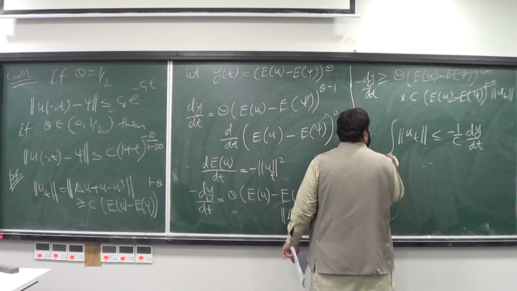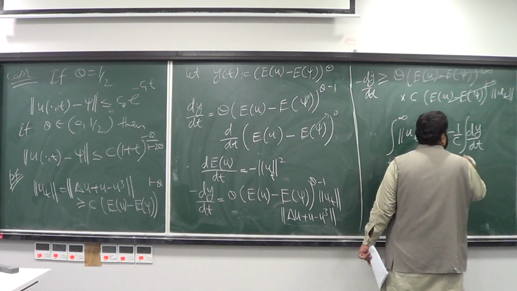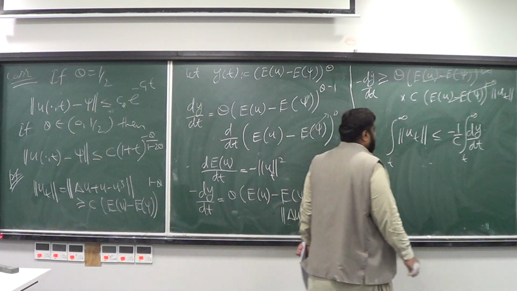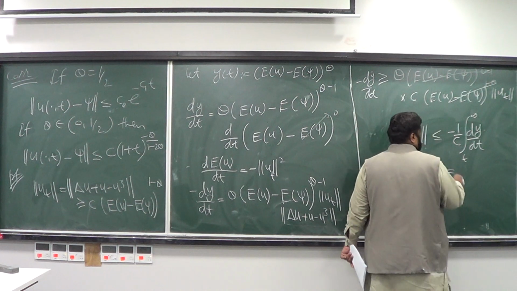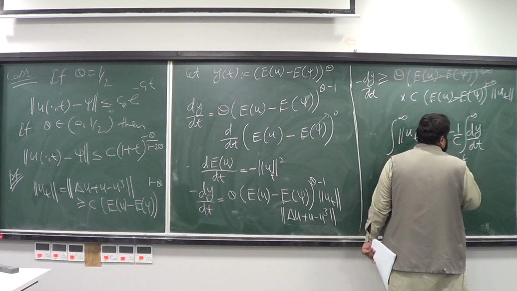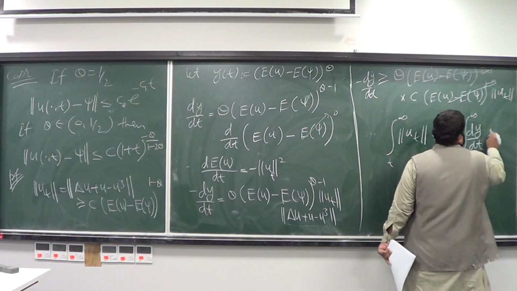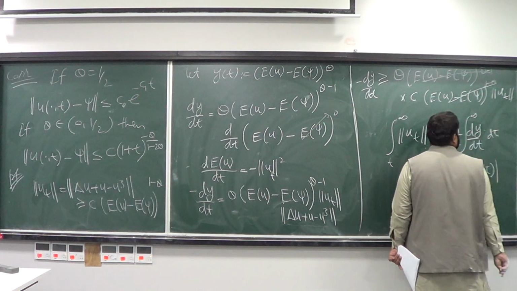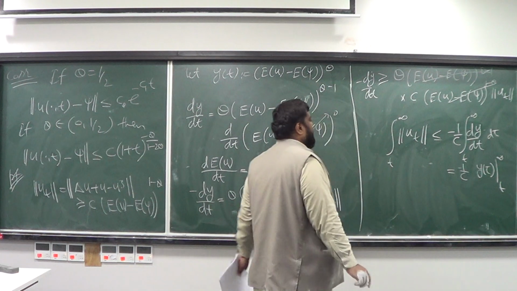So if I now integrate both sides from t to infinity, this side will become minus 1 over c times y, if you're integrating with respect to tau, so it's going to be y of tau evaluated from t to infinity.